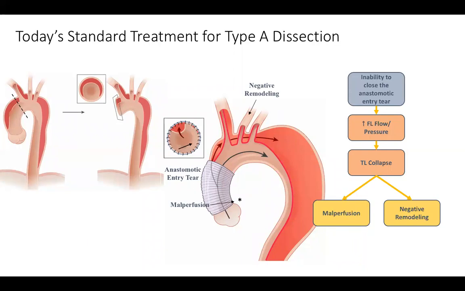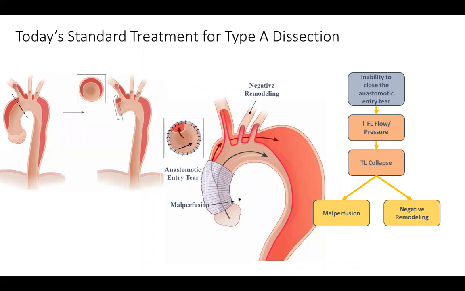And it can be a challenge and difficult to close the anastomotic entry tear. As you can see with the arrows here, in this setting, the false lumen continues to have flow and remains pressurized. And this is kind of standard, you guys will know, when you do a CT afterwards, the true lumen is small, sometimes almost slit-like, and the false lumen has the majority of the pressure and flow in it, with almost true lumen collapse.